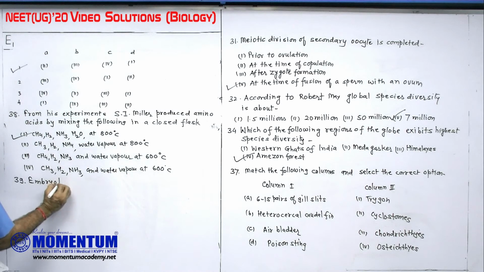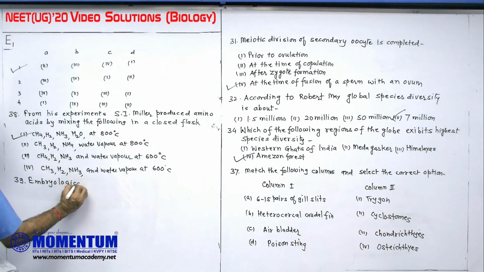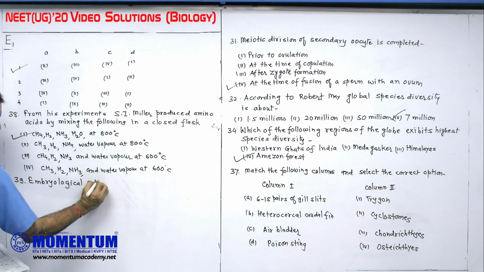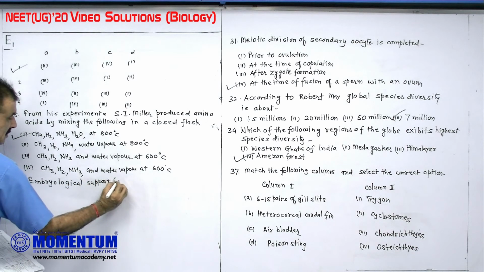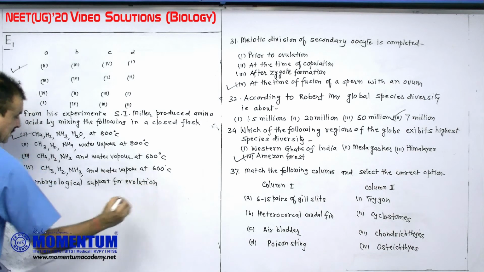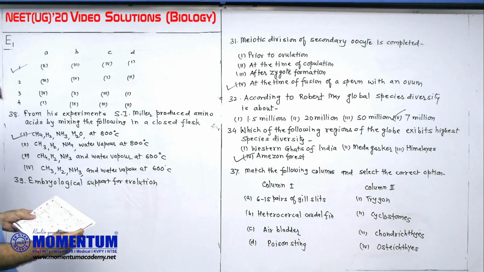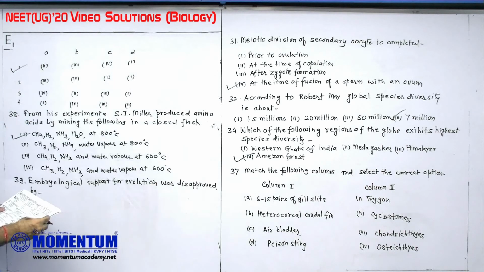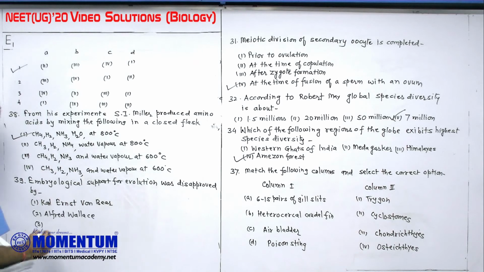39: embryological support for evolution was disapproved by Karl Ernst von Baer, Alfred Wallace, Charles Darwin and Oparin.